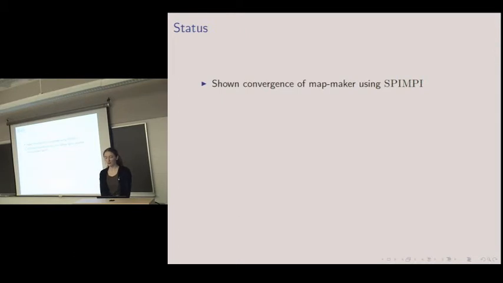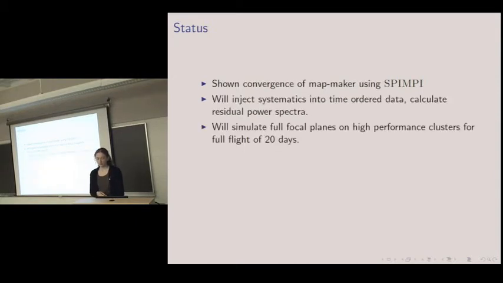However, at the moment we're implementing systematics testing into time-ordered data in order to calculate residual power spectra from the injected systematics. What we'll be doing is testing on full flights of 20 days across full focal planes, for which we'll use a cluster. And we'll be injecting detector correlations into the time-ordered data.